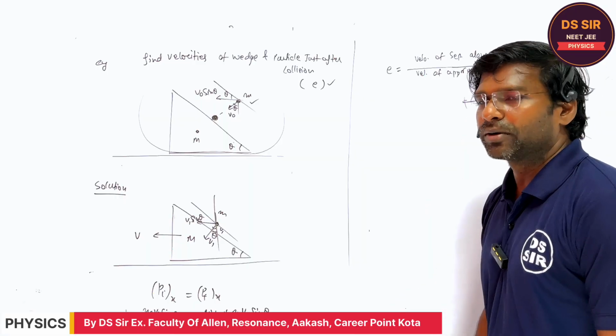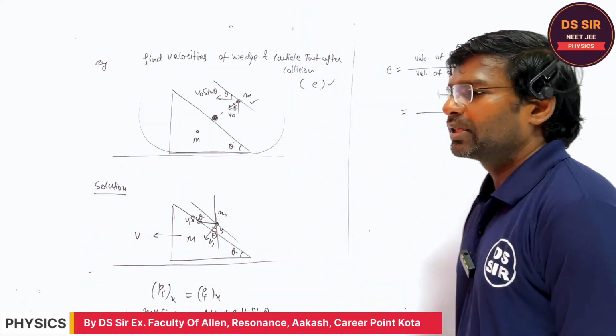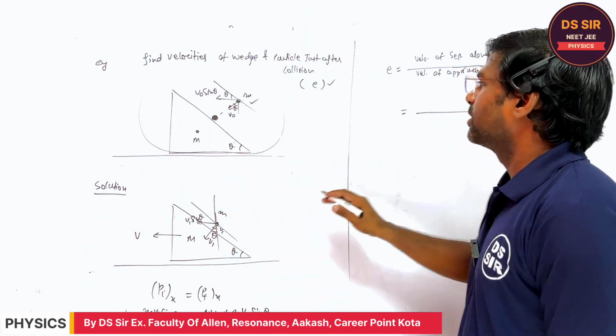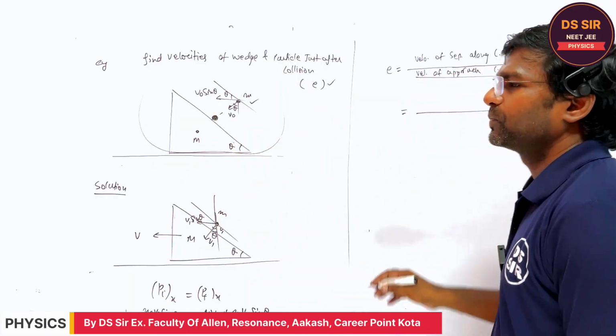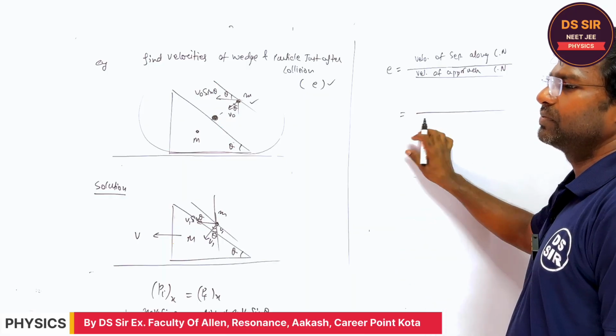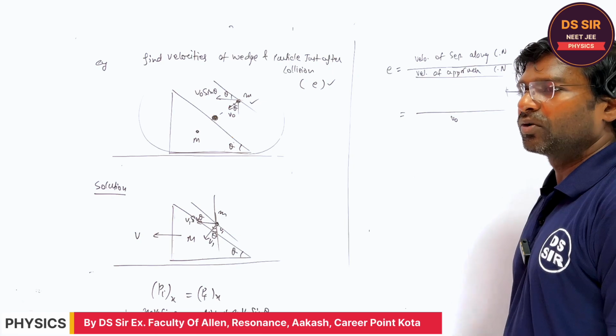Do you understand or not? So can you tell me by what velocity the particle is approaching towards the wedge? What is the velocity of approach along the common normal? V naught only, right? V naught.